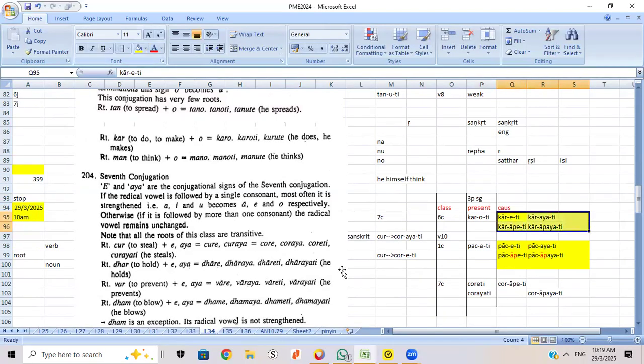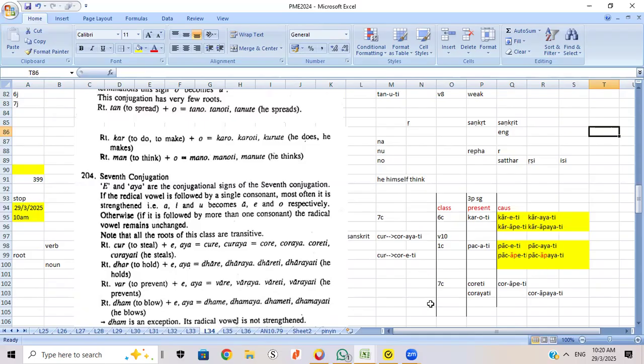So when I say the a or aya added is causative, we cannot call it the 7th conjugation already. What you need to identify is the third person singular, whether it is formed using conjugations 1, 2, 3 until 6. If it is anything until the 6th, then the causative will take four forms.